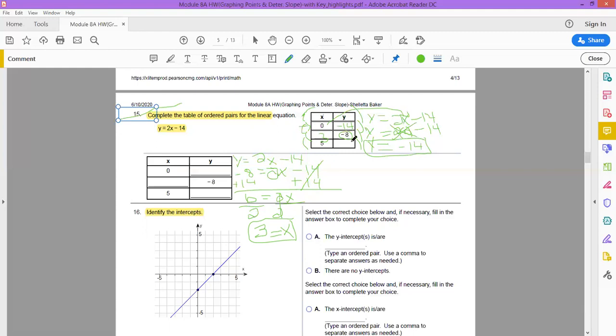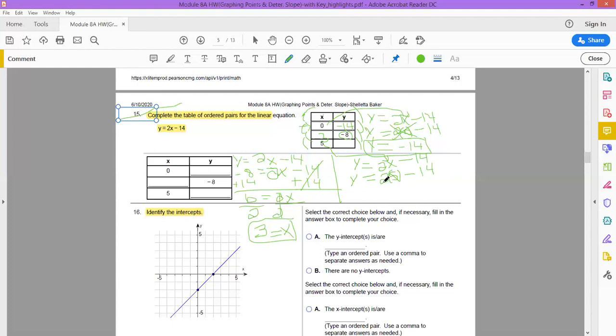Now let's look at the last row. Again, we're using our given equation, y equals 2x minus 14. And this time we're given 5 as our x coordinate. So we want to replace x with 5. That would leave us with y equals 2, and in parentheses, we replace the x coordinate, which was 5, minus 14.